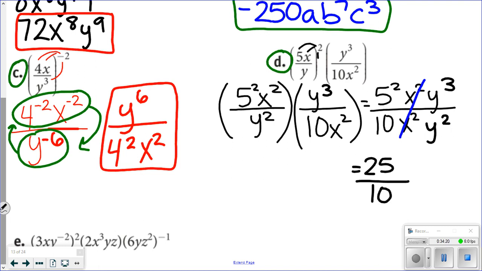And then what's y cubed minus y squared? That's just 1y. Then I'm going to simplify even more. What's 25 divided by 10? 5 over 2. So I get 5 over 2, and then the y stays on the top.